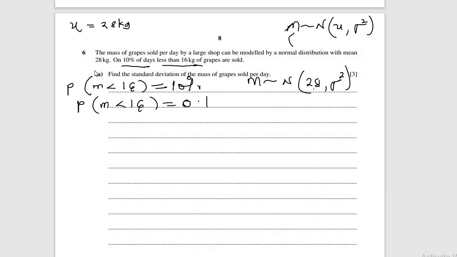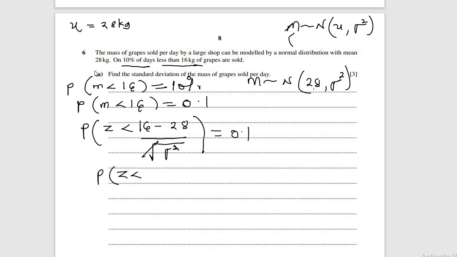So using the formula for normal, that will be z less than x minus mean over square root of variance. Be careful with the sign, equal to 0.1. Square cancels square root. So probability of z less than 16 minus 28 is minus 12 all over standard deviation, which is equal to 0.1.